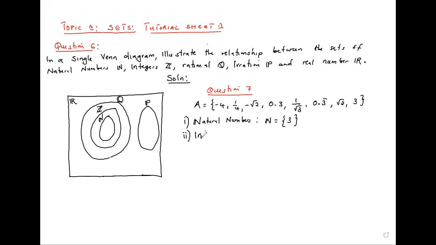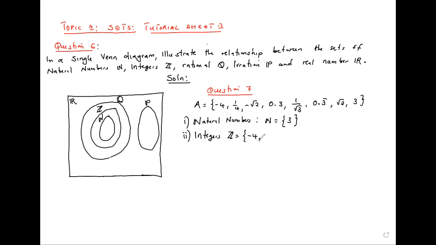Then 2, integers. Integers, we now start from -4, negative, positive, including 0.